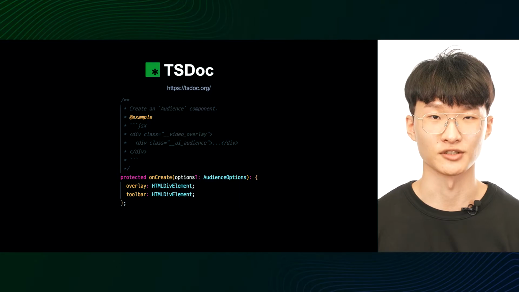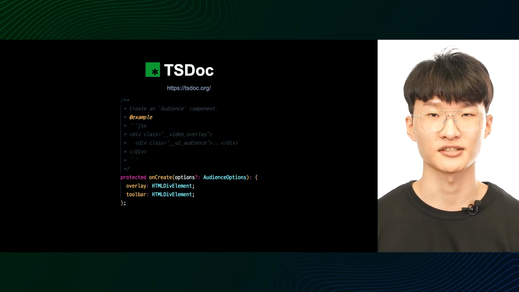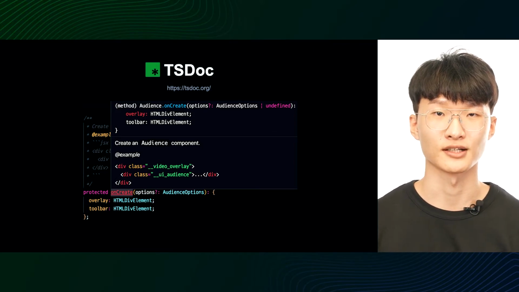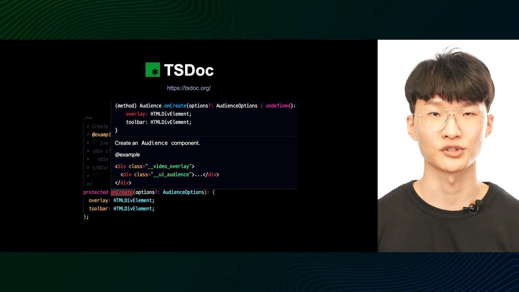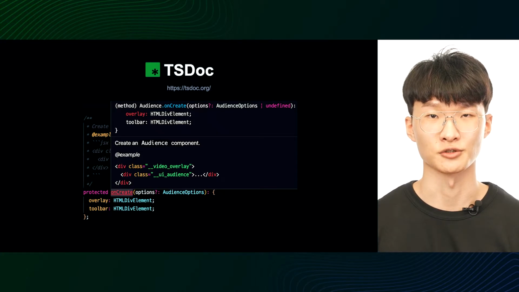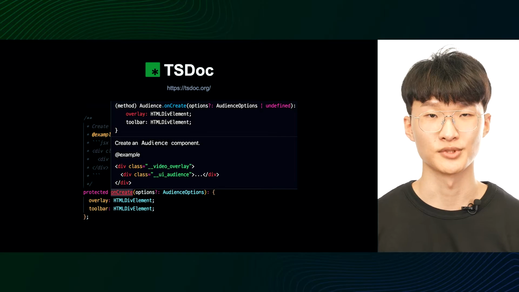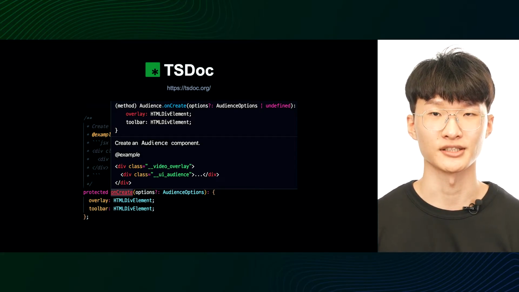If tsdoc is written in the method or the interface that is used like this, the developer using this interface can see the example on the interface displayed with highlights or is able to notice additional descriptions. UVP implements tsdoc and it can be used in this way, greatly enhancing the DX.